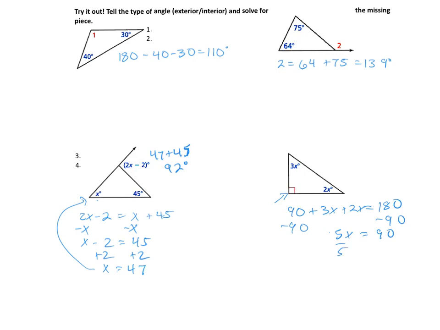Divide both sides by 5. I get x equals 18. So that solves it. So 2 times 18 gives me 36 for this angle. 3 times 18 gives me 54 degrees for that angle. And that is all for today.